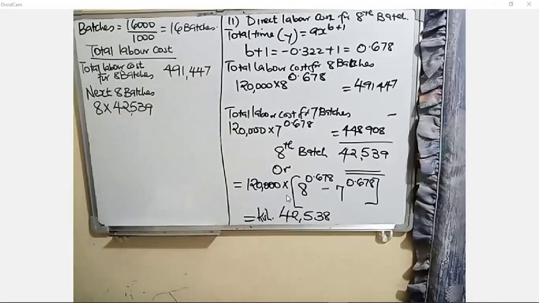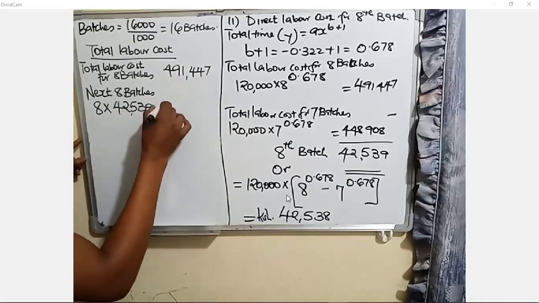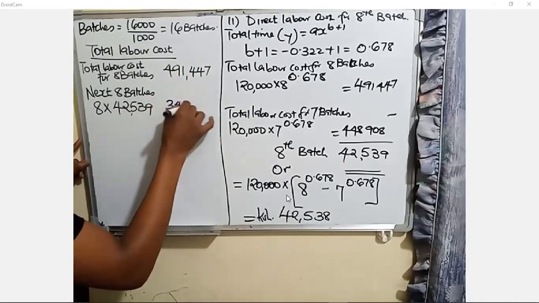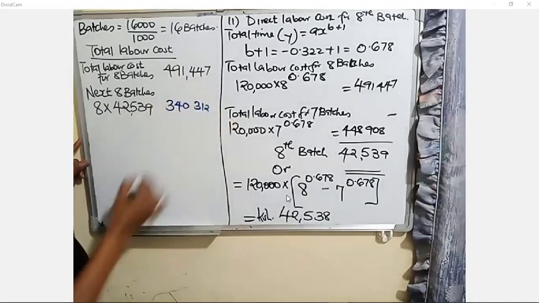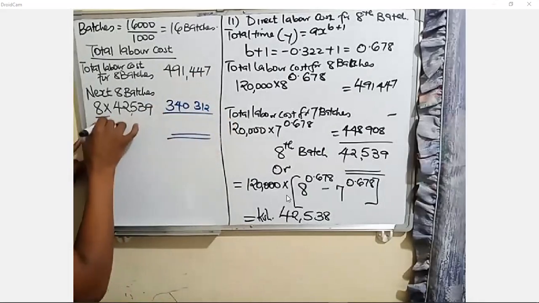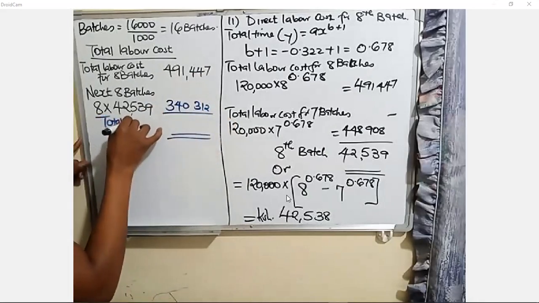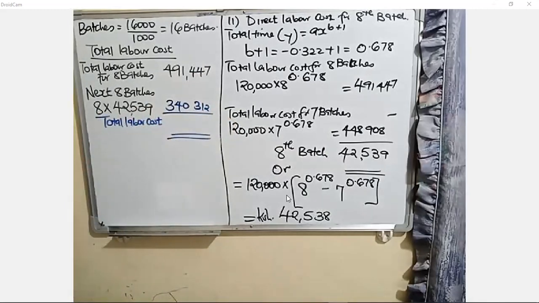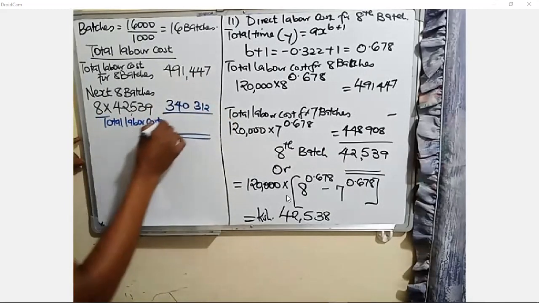What is the total here? 340,312. So what is my total labor cost? 831,759.